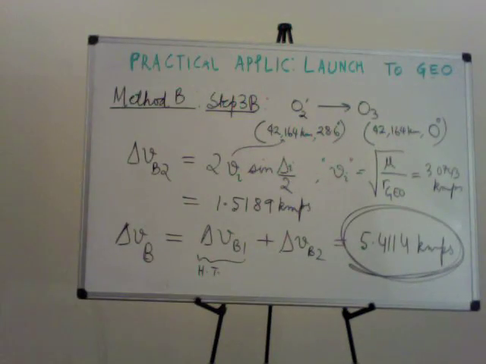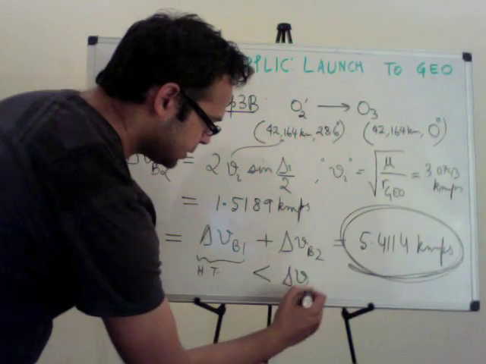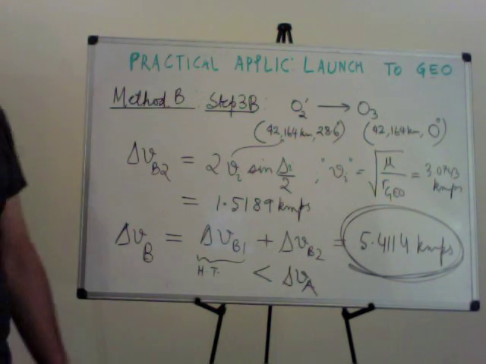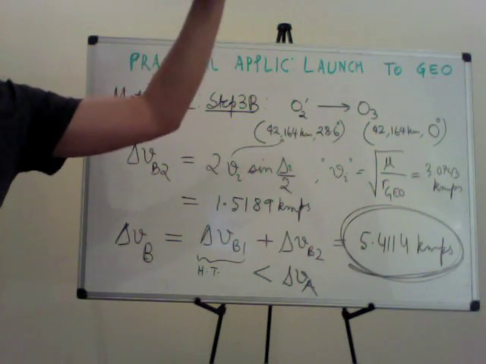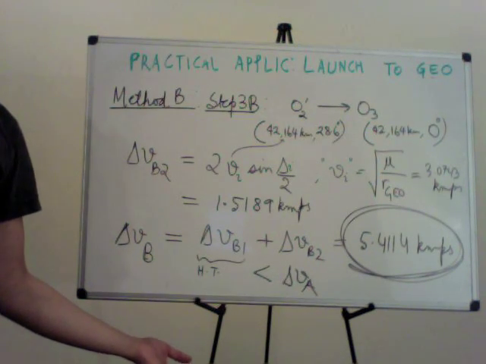Okay, so as you can see, this delta V B is less than delta V A, and the reason is that the plane change is less expensive for method B because we are doing the same plane change but for a bigger orbit where the speeds are slower, right?